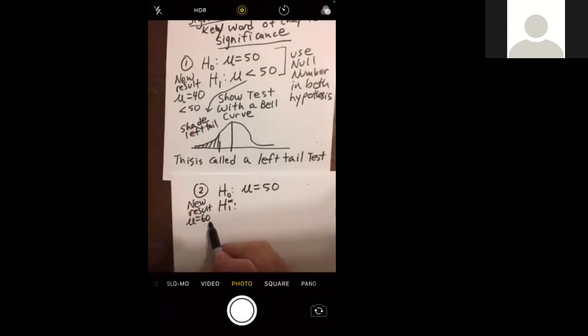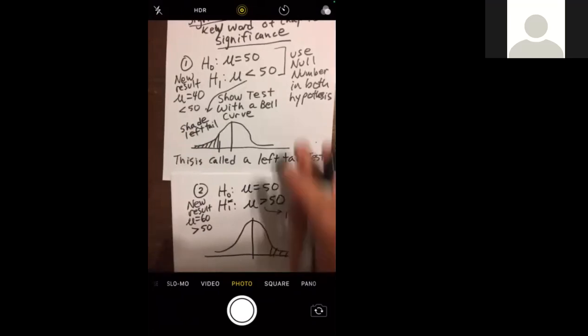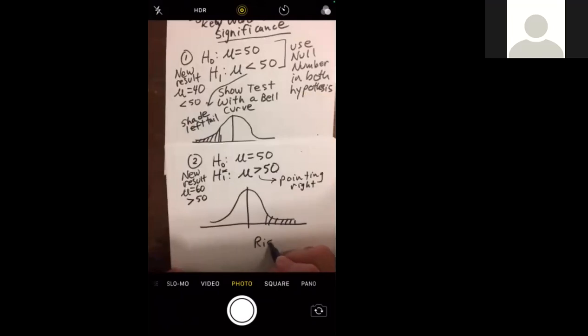Well, once again, you don't use the 60 here, but it's greater than 50, and that's what you put in your alternative hypothesis. That the mean is greater than 50. That's what you're going to test. Well, again, you show the test with a bell curve, and now your sign here is pointing right. That tells you to shade the right tail. Guess you'll never guess the name of this test. Right tail test.